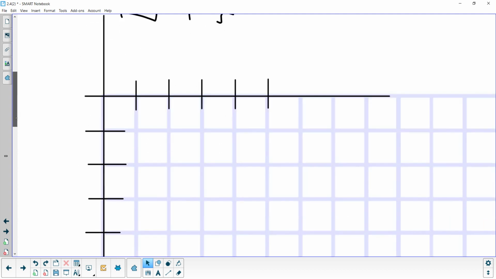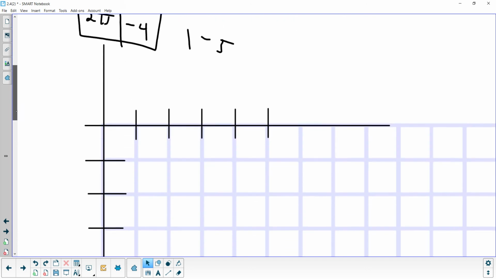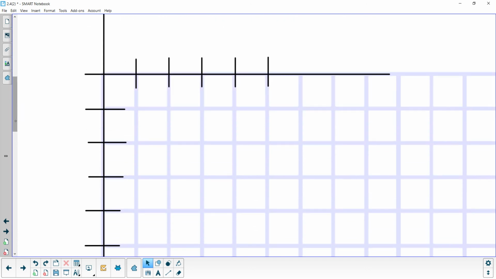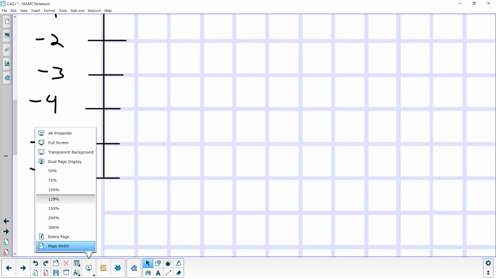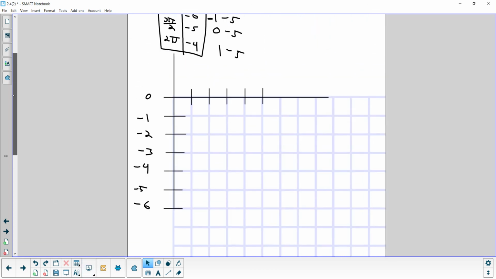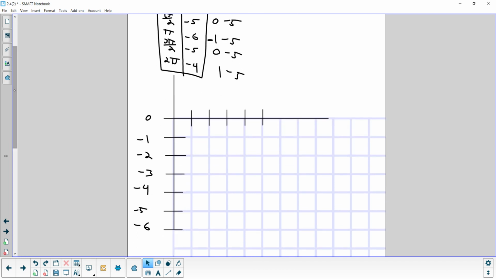All right, let's make our graph. This time, because I knew my y values were all going to be negative, I set up my graph really just down in quadrant 4. So I've got 0. I need to make this a little smaller because it's too big for me to see on the screen. Now let's put our x's.